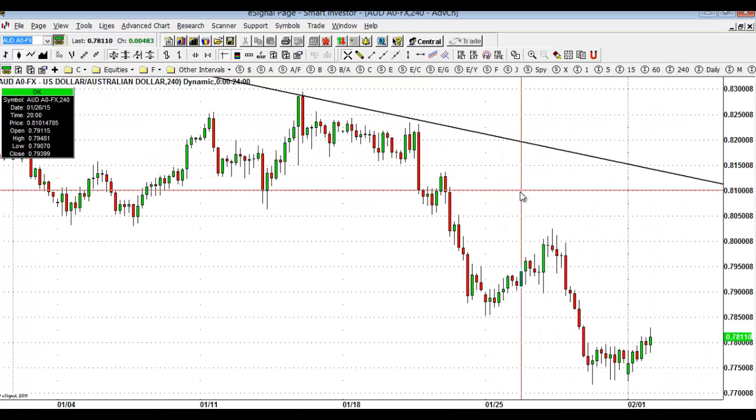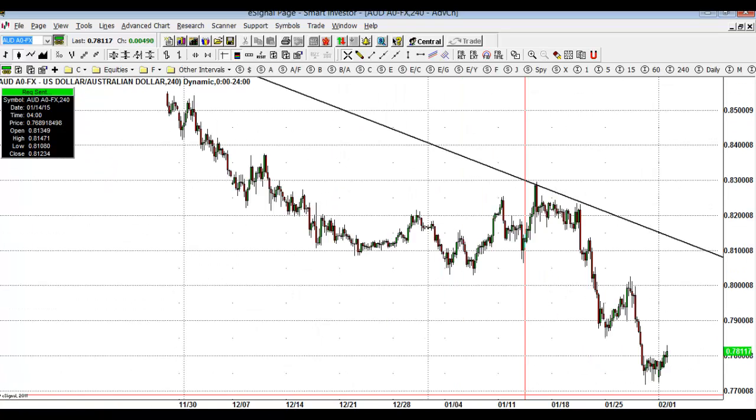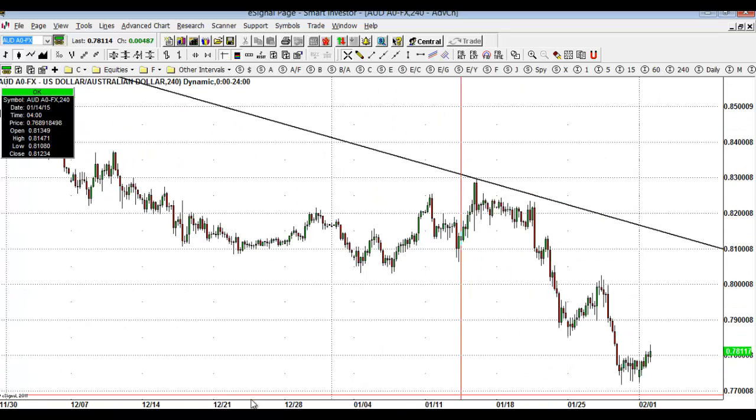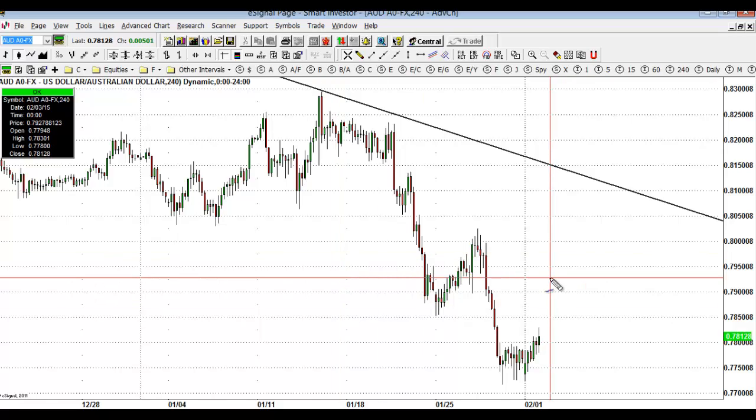If you're looking for a swing trade here, and you're looking for a pullback type of trade, you could wait to see if the market is able to close above this 80.40 level, and is it able to reach up to this trend line, and then what you will do is see if you get a signal near this trend line to go short, to head down further.